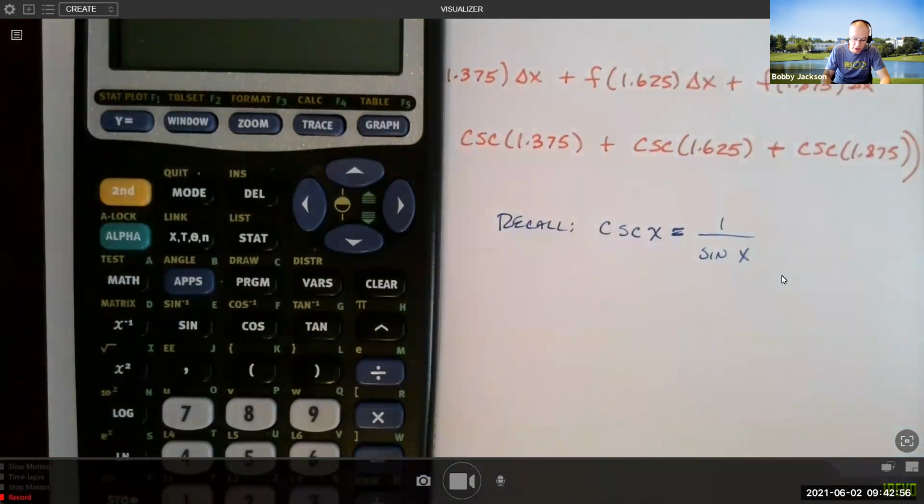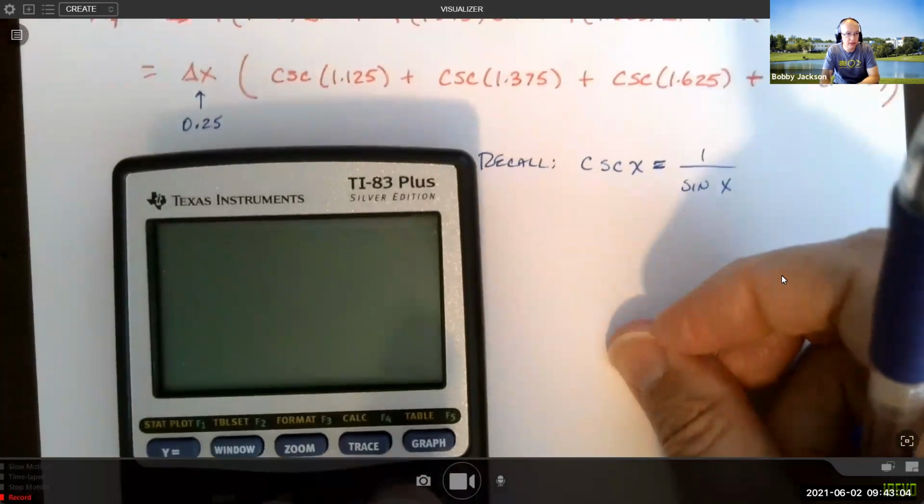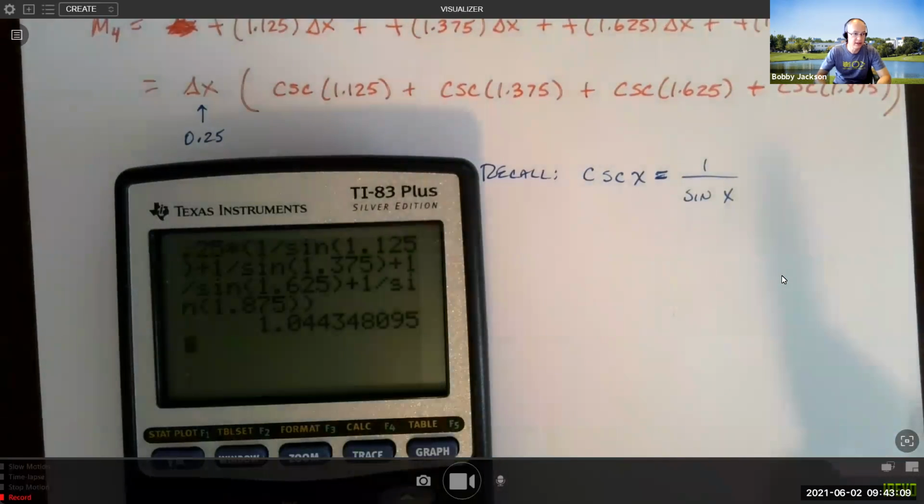So instead of doing cosecant x, I have to actually write in 1 divided by sine of x. And so I enter this expression in the calculator, and it looks like this.